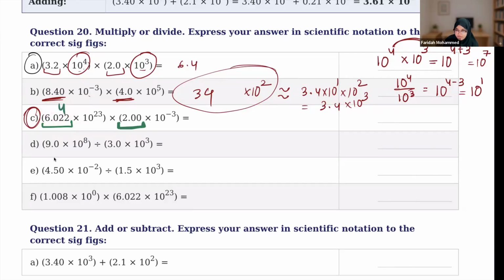What about the 2.00? It has 3 sig figs. So your answer should have how many significant figures, and you have to round it to that. You should look at the lowest number of significant figures, which is 3. Correct. So when you multiply these two numbers, your answer should have 3 significant figures.